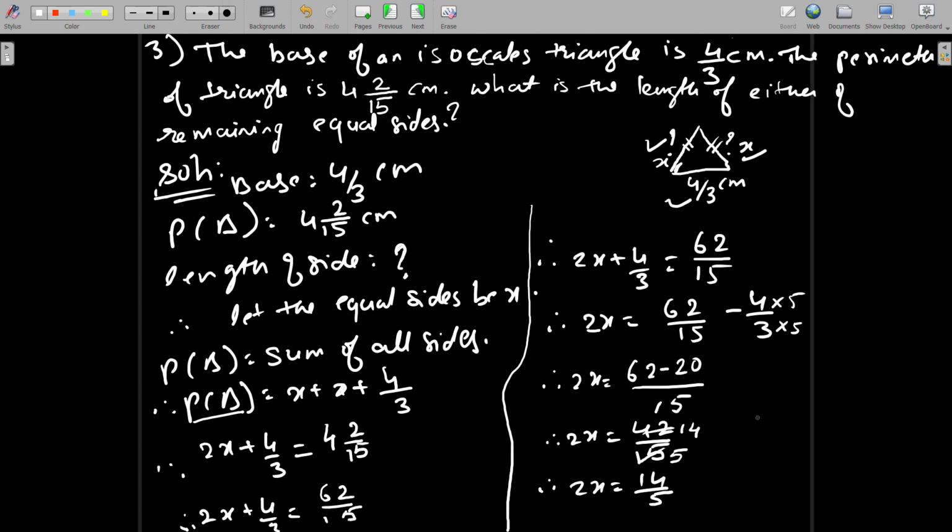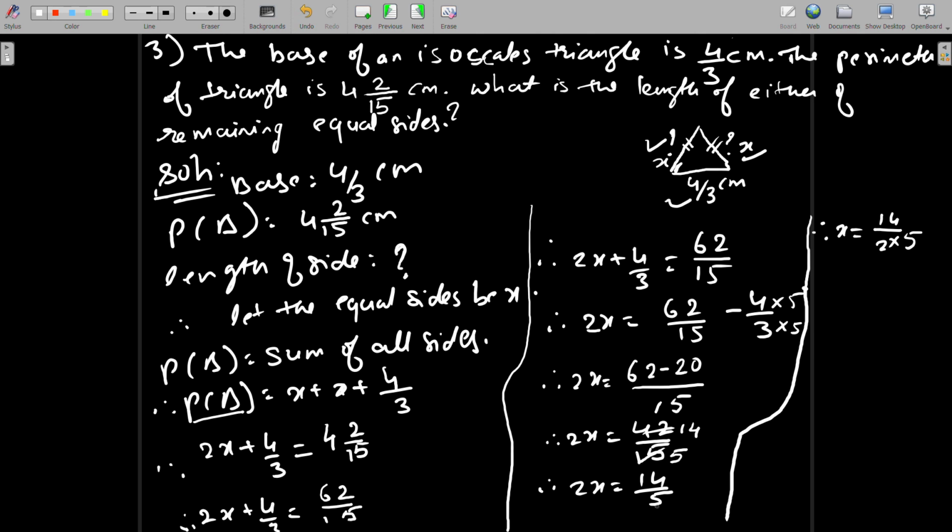Now what will be the value of x? Let me again just draw this here. Therefore x will be how much? x is equal to 14 by 2 into 5. Why? Because here 2 is on the multiplication side, right?